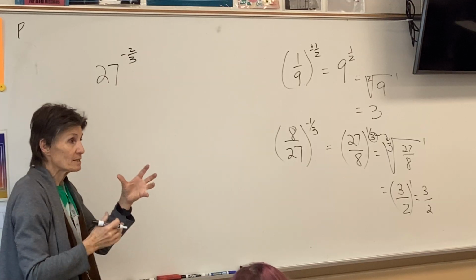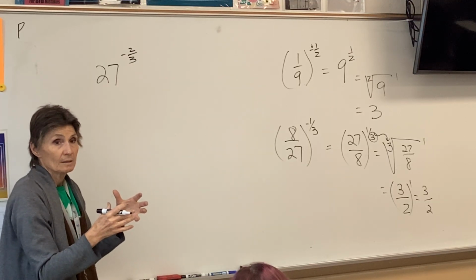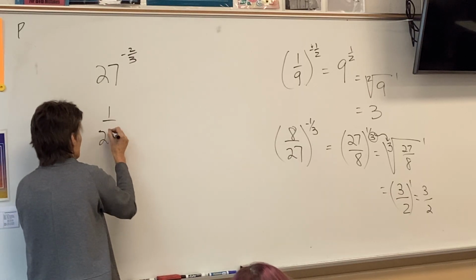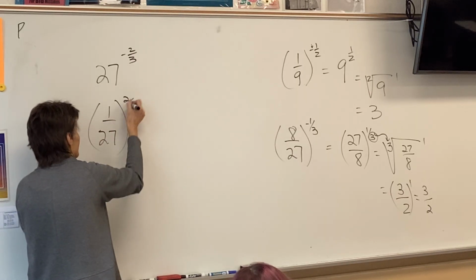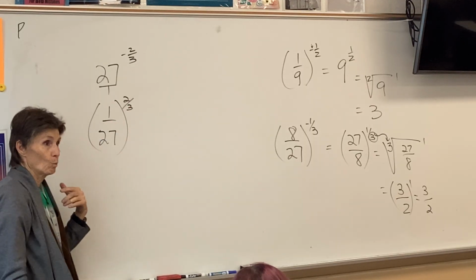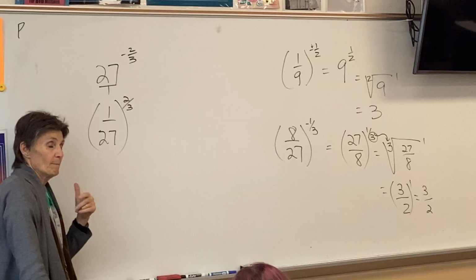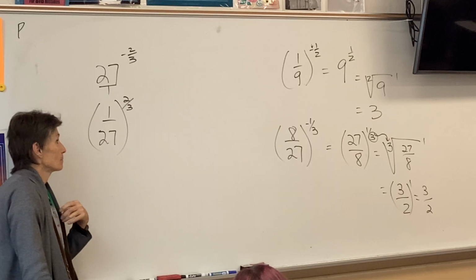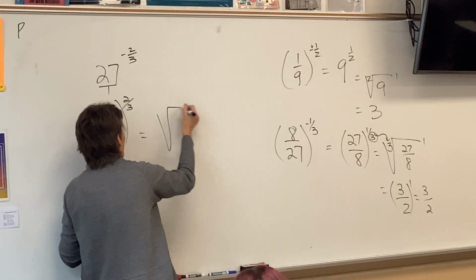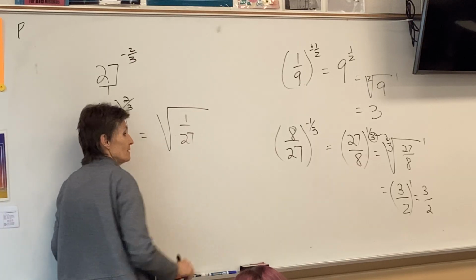So what happens to 27? It becomes 1/27. Remember, 27 is 27/1, so it's gonna flip. This means a radical with a 1/27 under it.